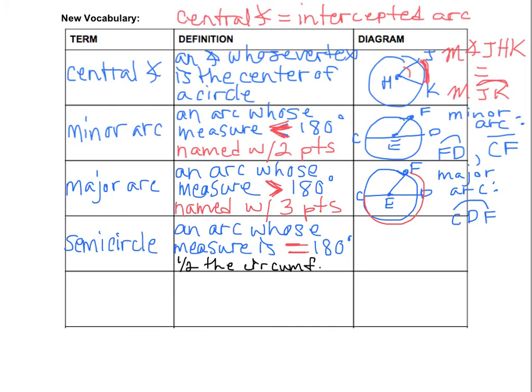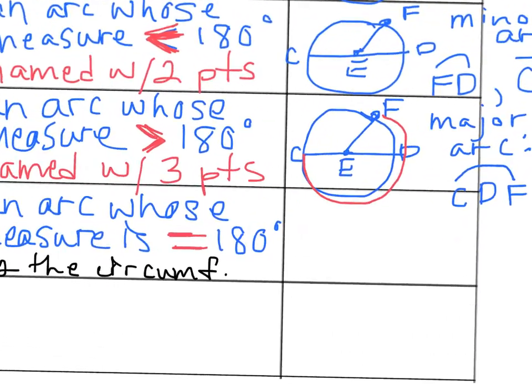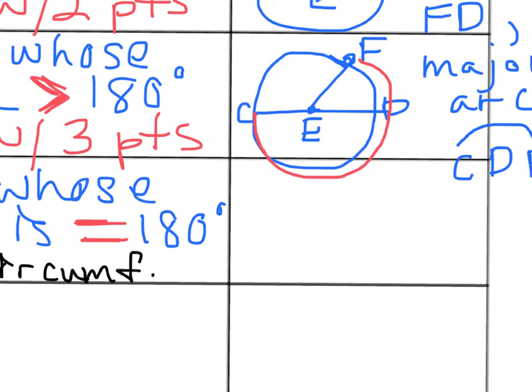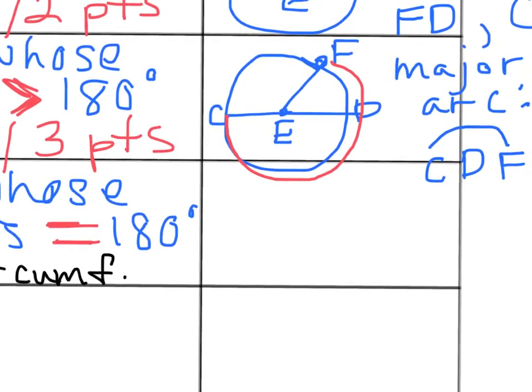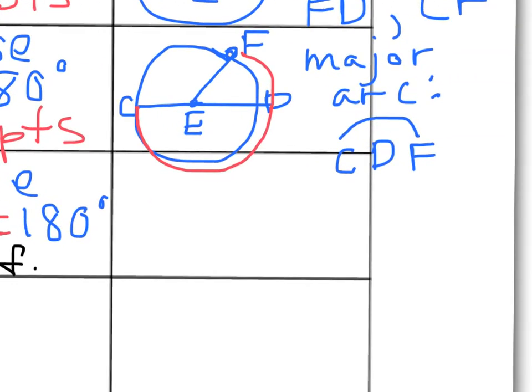So this diagram's a little bit more complex, so I'm going to actually zoom in a little bit. As we're looking at the diagram here, we're going to draw our CD, we're going to draw our EF, but I'm going to draw another radius coming out from E, and we'll call that point G.